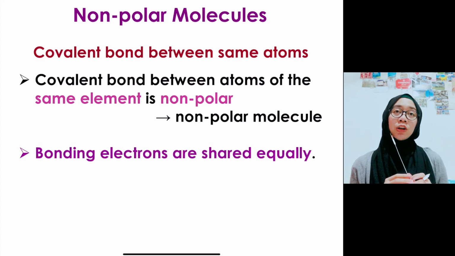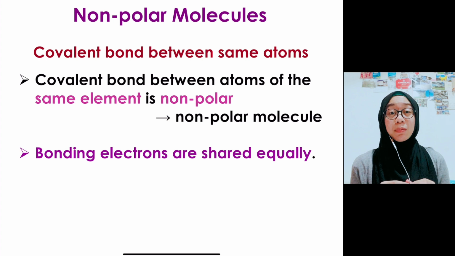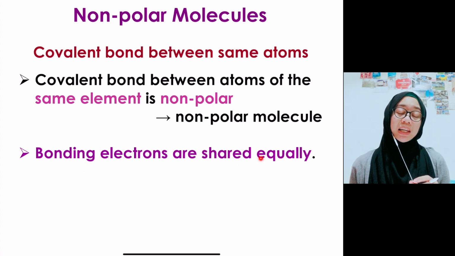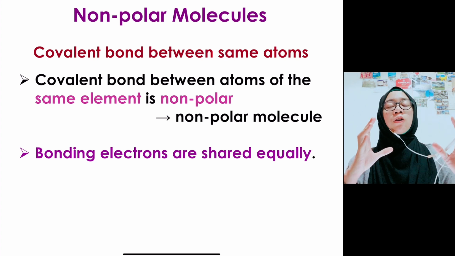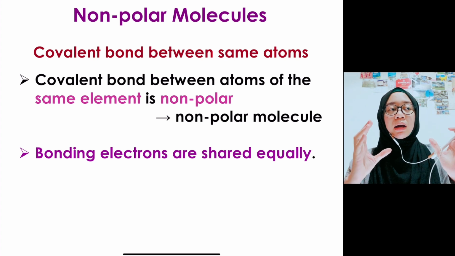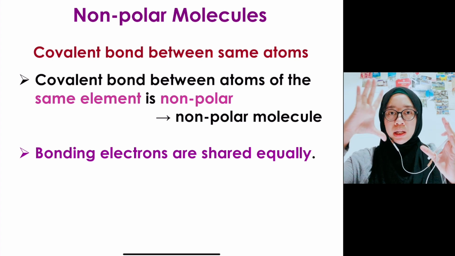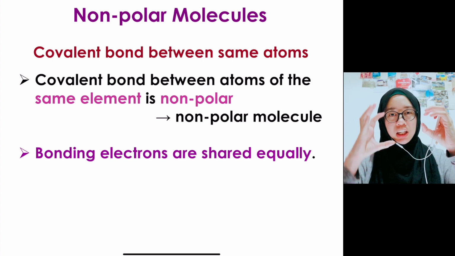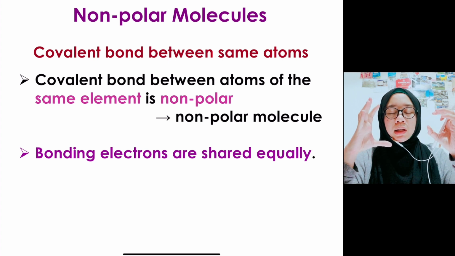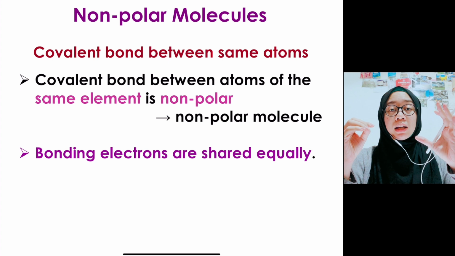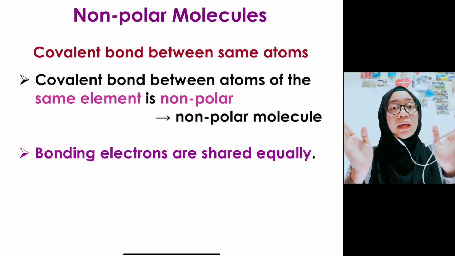So since it is non-polar, the bonding electrons are shared equally. Earlier, when the electronegativity was different, you saw the electrons being shared were not equal. One side is bigger, one side is smaller. But when it is a non-polar bond, it means the electrons they share are equal.